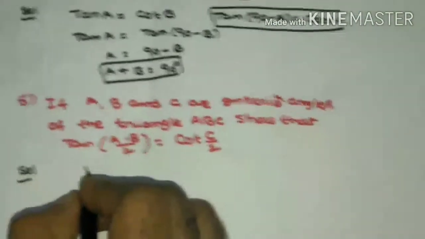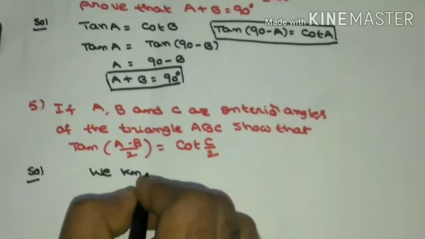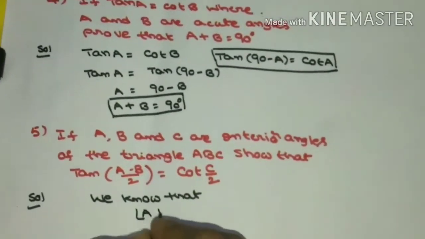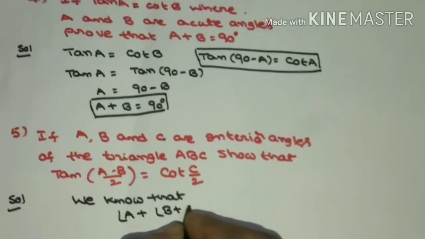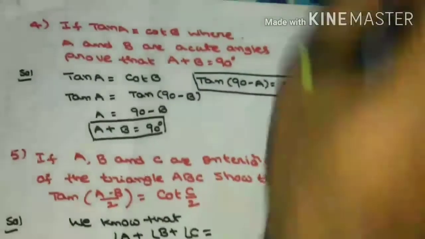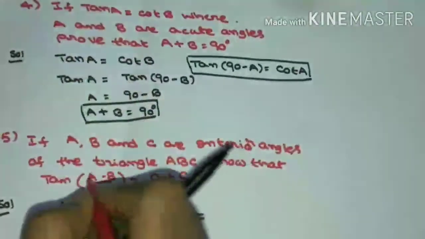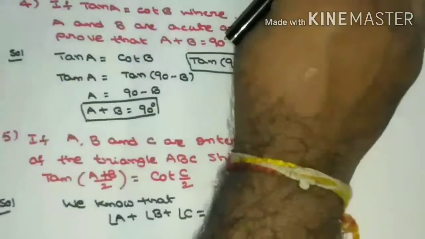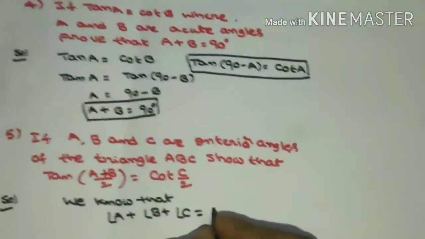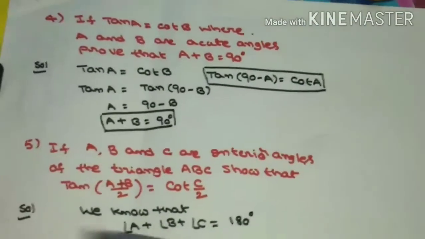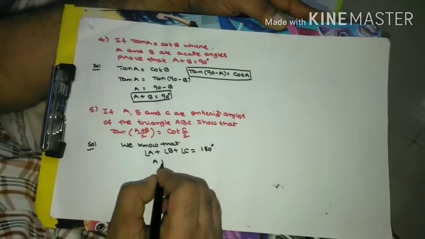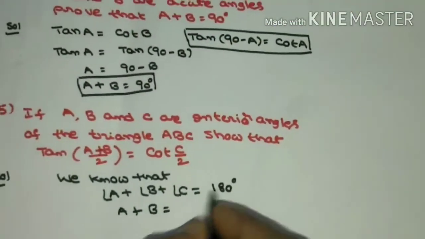We know that angle A plus angle B plus angle C equals 180 degrees. Now the question is A plus B. A plus B you write here only, and take this C to the other side.